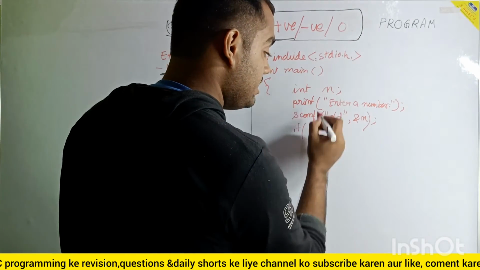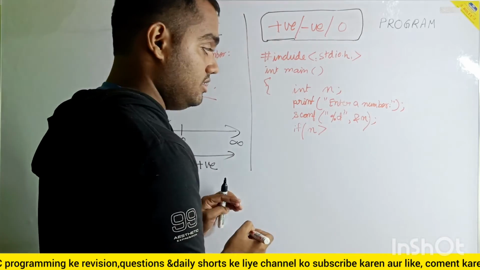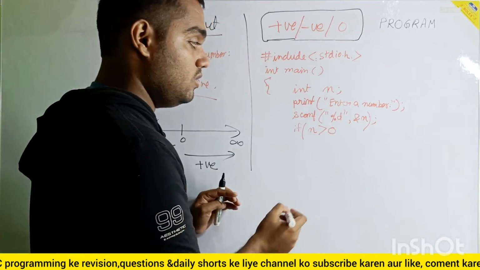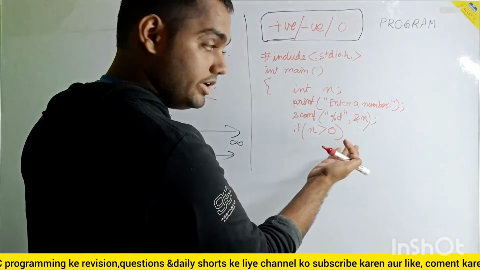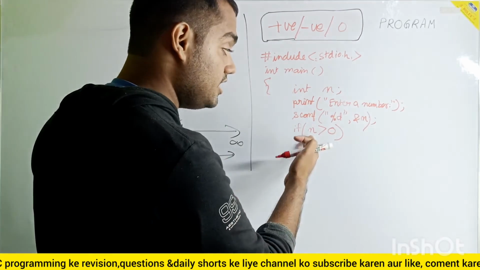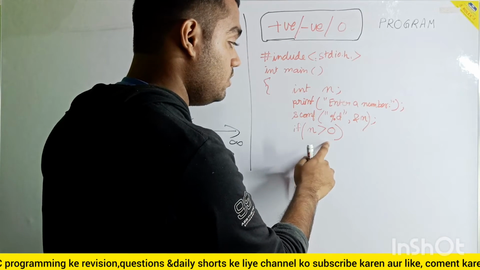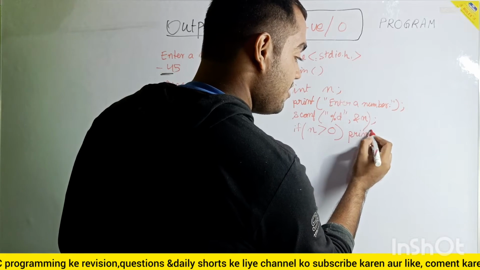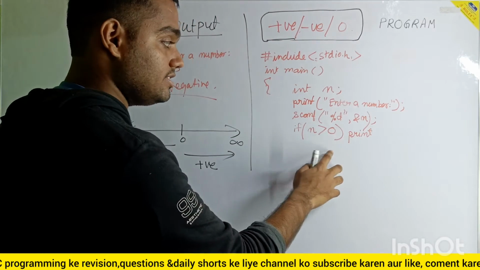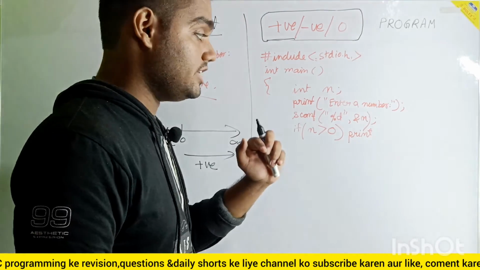If n, the number, is greater than 0, easy, we just close the braces. If n is greater than 0, what we are going to do is printf. You can write printf on the next line because there is no semicolon at the end of the if statement.